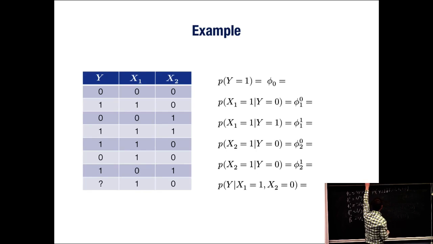So that will be proportional to the probability that y equals 1, which is just going to be phi 0, times the probability of x1 given this, times phi 1, 1, times 1 minus phi 2, 1.